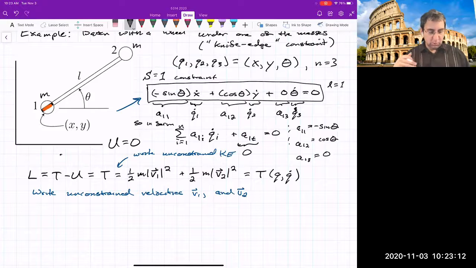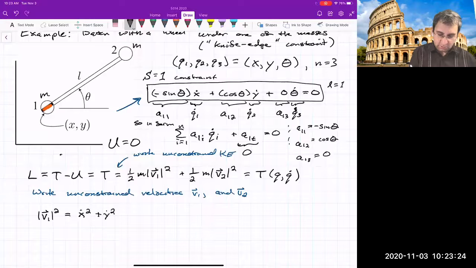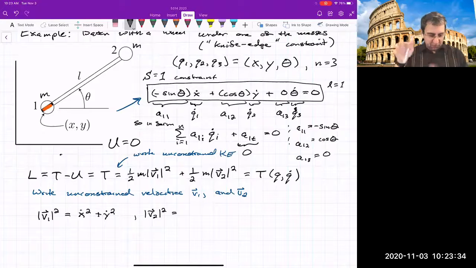If you were to write those out, what's the unconstrained velocity for 1? It would just be x dot squared plus y dot squared. Nothing related to theta. For particle 2, you do some trig and stuff and you'll find out what that is.